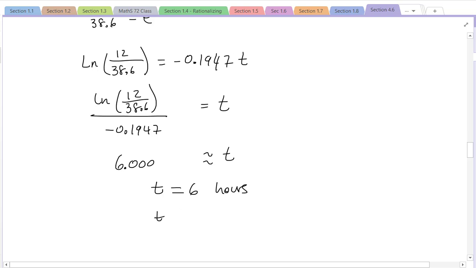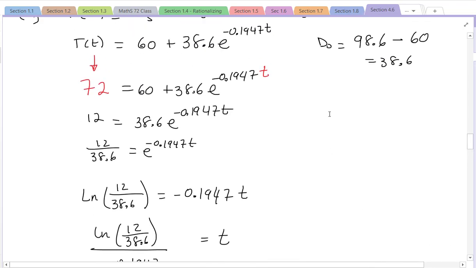So the time of death was approximately 6 hours ago. Since we're not given at what time the body was found, we just say 6 hours ago.